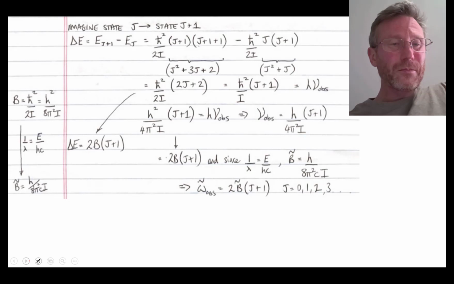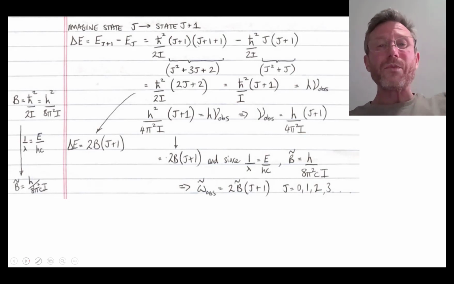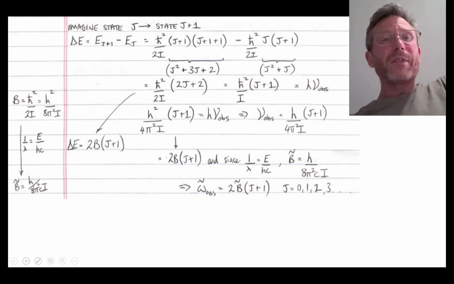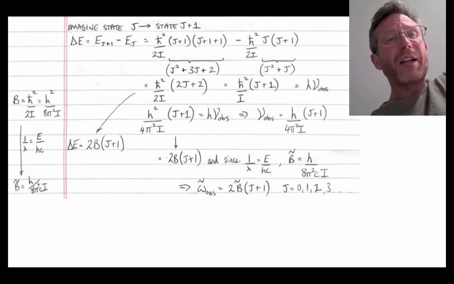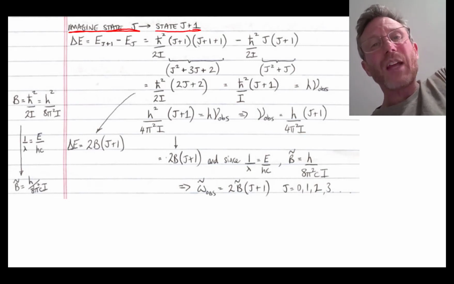Let's take a look. So again, another pre-prepared slide, and this looks quite daunting for the time being. But let's imagine we're in this state J, first of all, and we're going to make a transition to a state J plus 1.